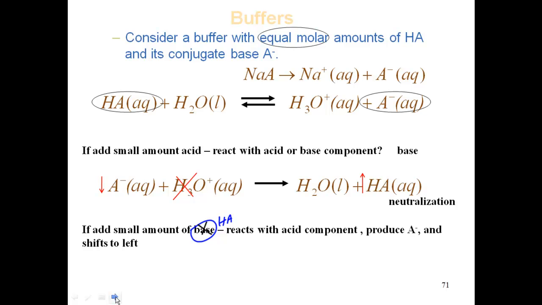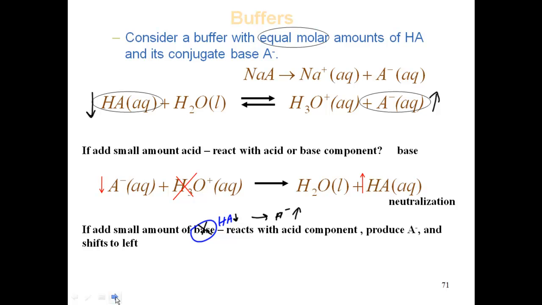My concentration of HA is going to go down, and on the other side, the products, you'd be forming some A minus. So that's going to be increasing. So you have HA decreasing and A minus increasing.